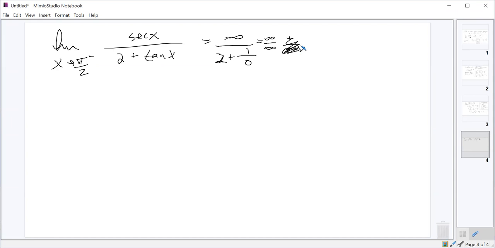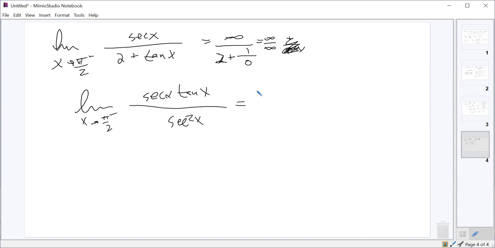Yes. Okay, so what we would do is we'd write out that we're using L'Hopital's rule. And we take the derivative of secant to get secant x tangent x, and we take the derivative of 2 to get 0, and the derivative of tangent to get secant squared x. And we'd simplify this down to the limit as x approaches pi over 2 from the left of tangent x over secant x.